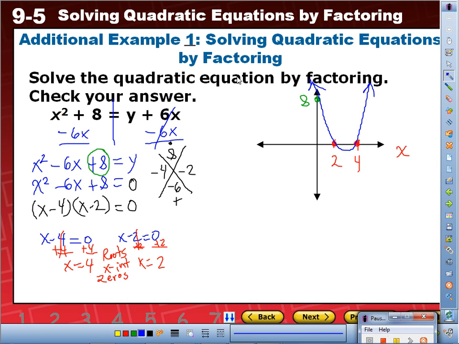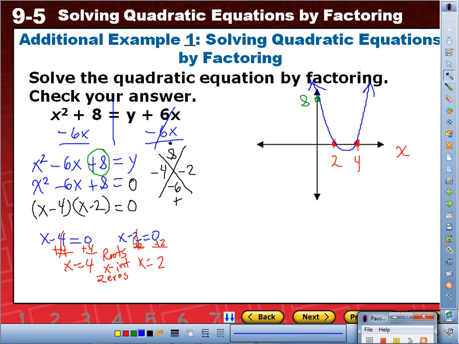So it says, solve the quadratic equation by factoring and check your answer. So here it doesn't say graphing, but the reason I do the entire process is so you can see the actual connection from one thing to the other. However, if they say solve the quadratic equation by factoring, did we factor here? Guys? Is this factoring right here?